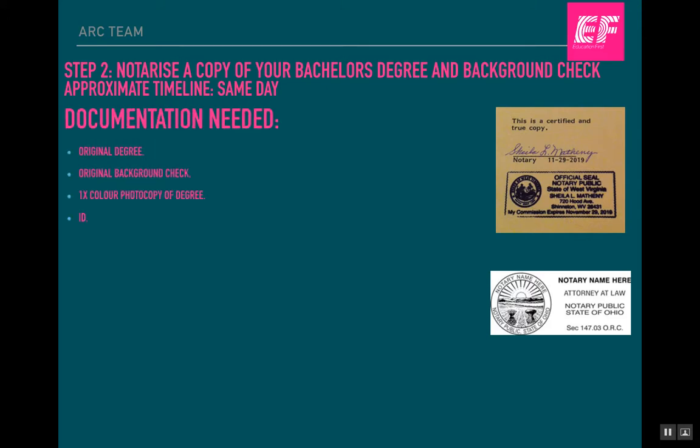Once your things have been notarized, they'll have some kind of seal like this on it. Obviously they won't look exactly like this because it will depend on the notary office that you use, but it'll look something like this. The documentation that you need: your original degree, your original background record check, one colour photocopy of your degree, and your ID, so your passport.